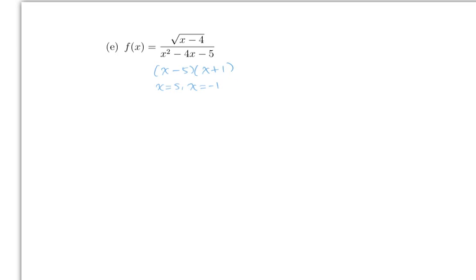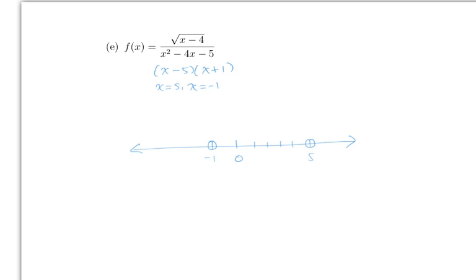So therefore, for now, if you do a graph, what are the only two numbers that are not allowed? You cannot have -1, and you cannot have 5. Why? Because you are dividing by 0.